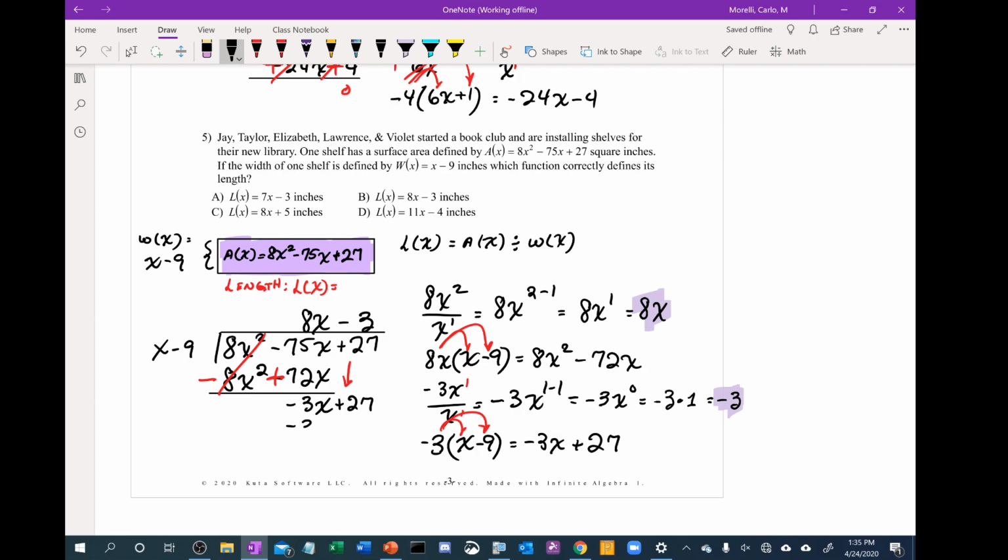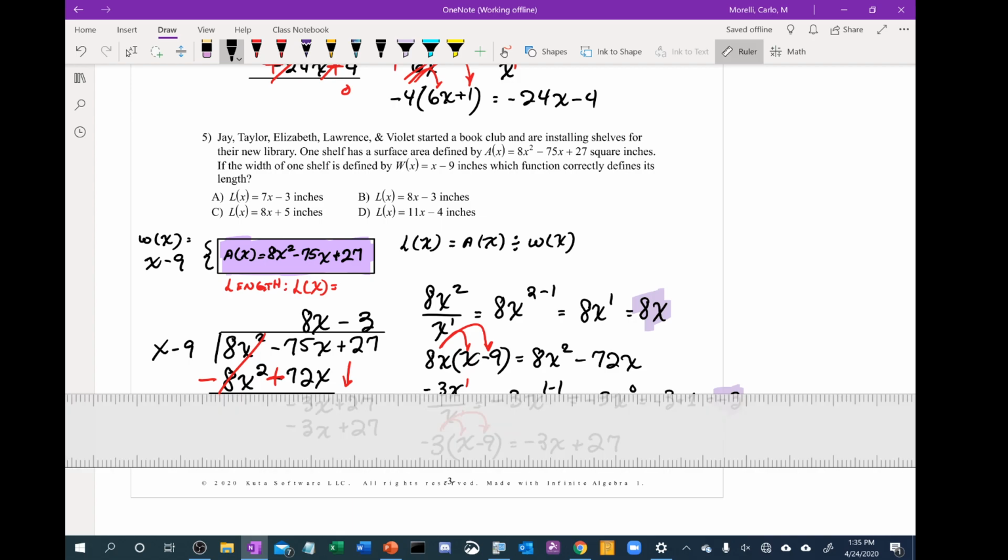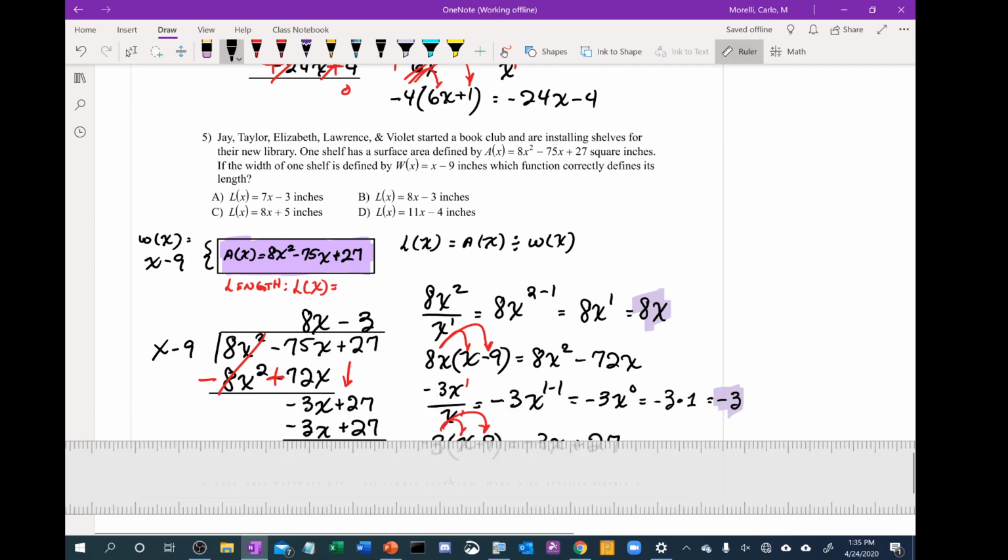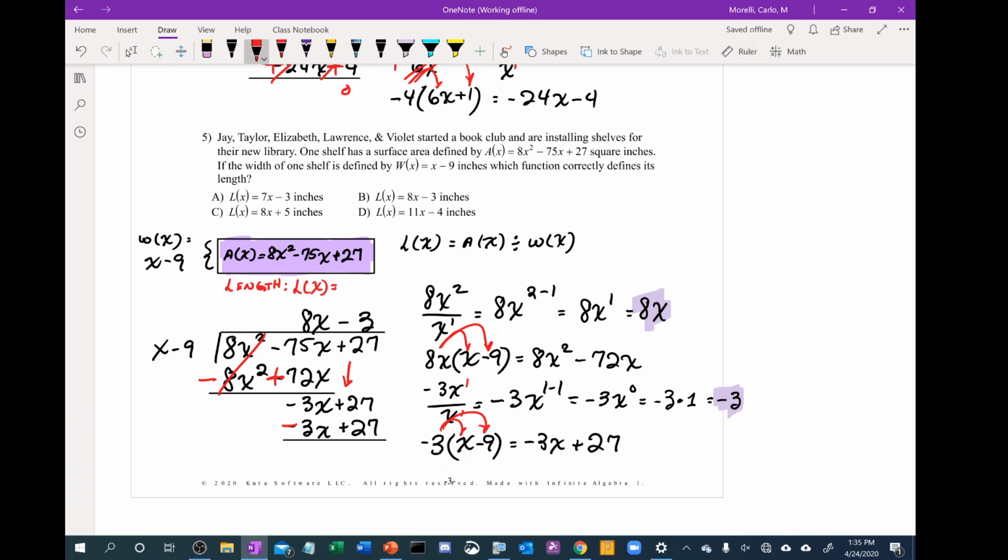So we have negative 3x plus 27, and we draw a line, and we change both signs. This becomes positive, this becomes negative. They both cancel out, and there's no remainder, giving us the quotient of 8x minus 3, which is the length, 8x minus 3, right here.